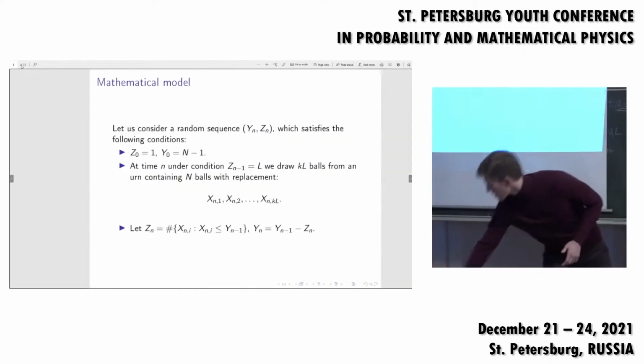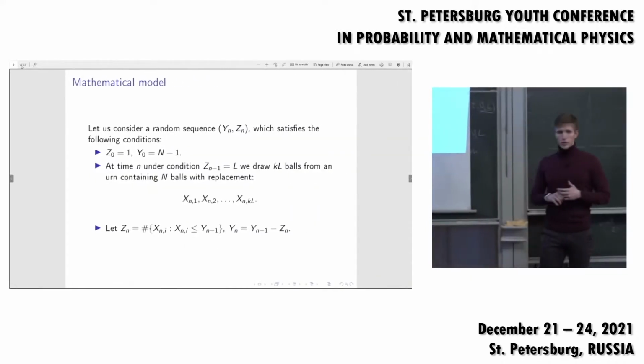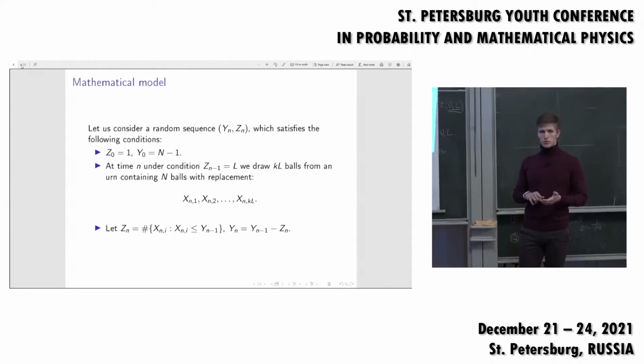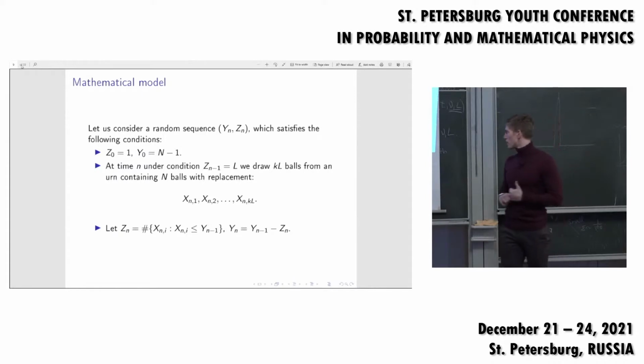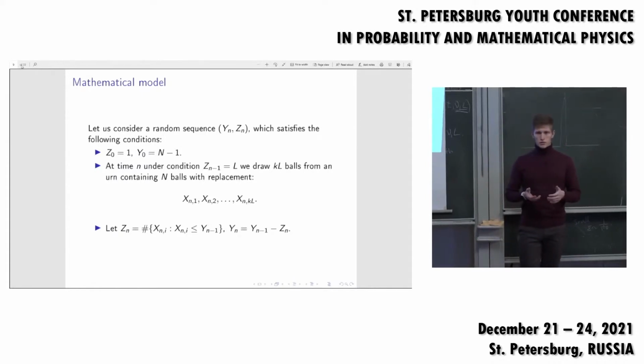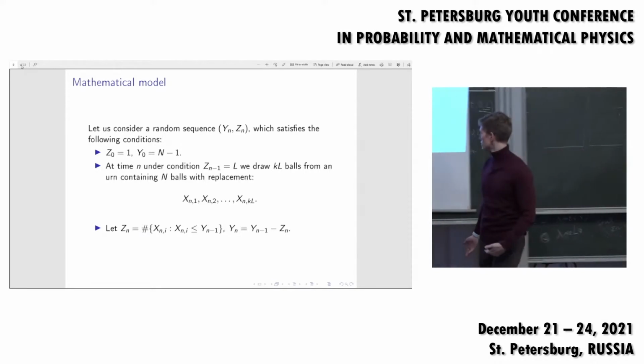Then we assume that the new amount of infected individuals is equal to the amount of balls with number less than the amount of not immune, not infected individuals on the previous day. And Yn is the amount of non-infected, non-immune people on the previous day minus the amount of infected people on this day.